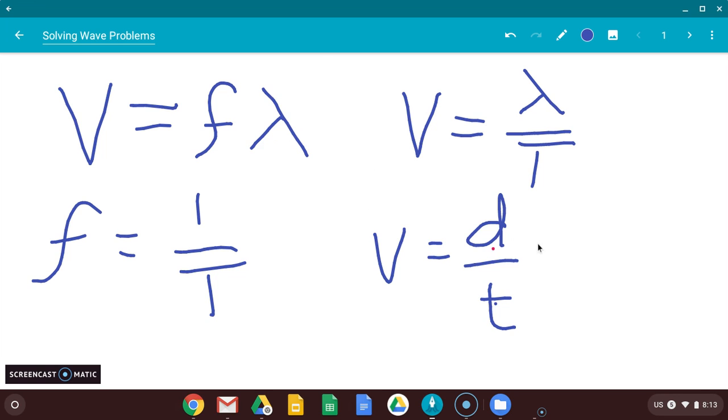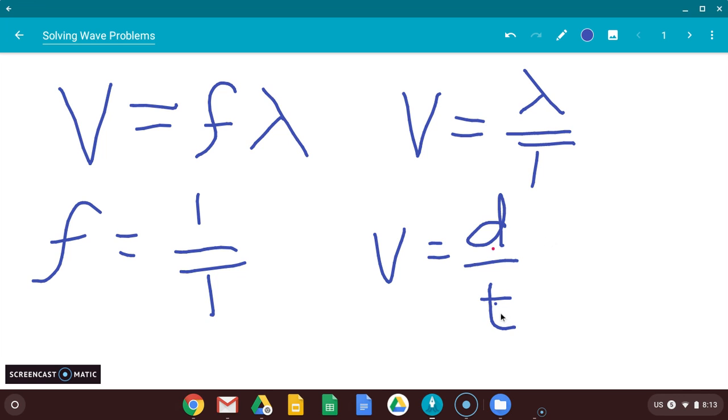Don't get little d and lambda confused because they could both be measured in meters. Little d is just a distance of travel. It is not a specific distance, wavelength is. So if the wave is going from some random point A to point B, and we know that distance, that's a little d.